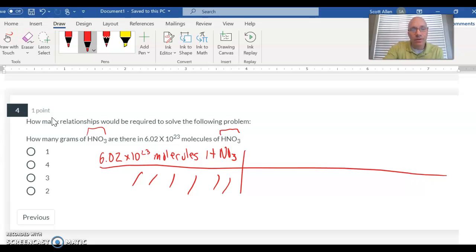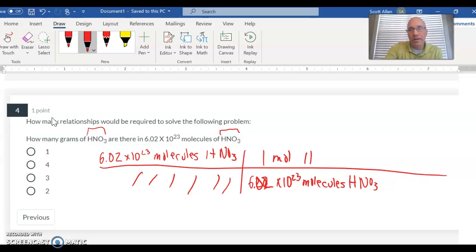For this, we know that there are 6.02 times 10 to the 23rd molecules of anything in 1 mole of that thing, as long as it's a covalent compound.